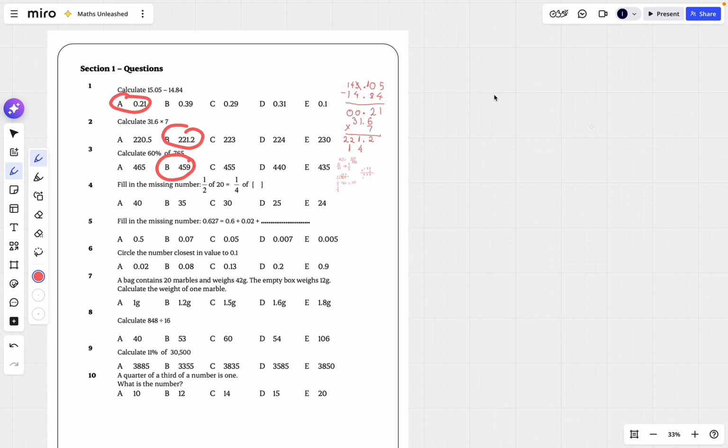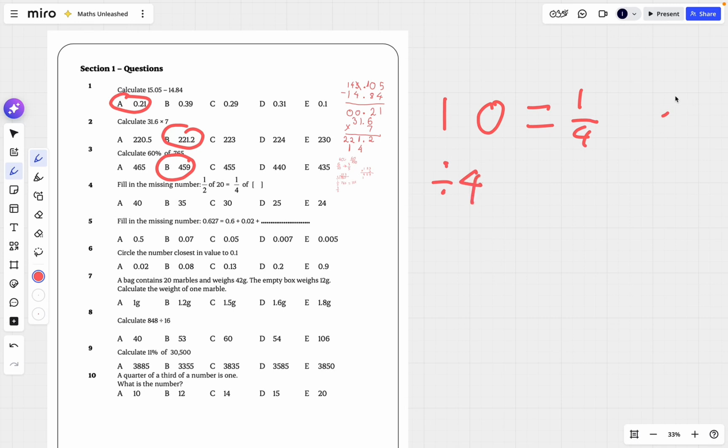The next question says, fill in the missing number. 1/2 of 20 is 1/4 of, and then we need to work out that number. So first of all, 1/2 of 20 is the same as 20 divided by 2, and this is 10. This is equal to 1/4 of something. When we find 1/4 of something, this is the same as dividing it by 4.